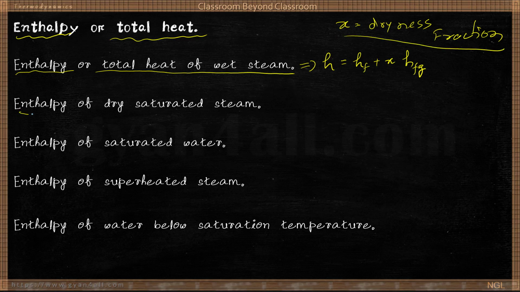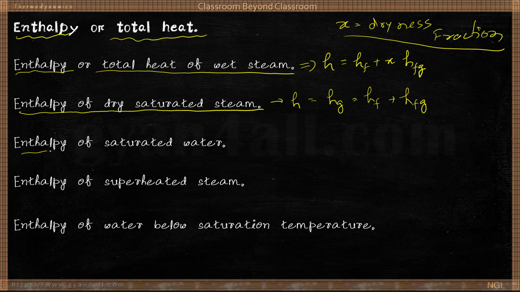We have also discussed the enthalpy of dry saturated steam, where H is equal to Hg, which is equal to Hf plus Hfg. That means X equal to 1.